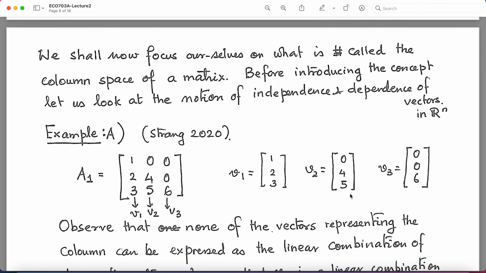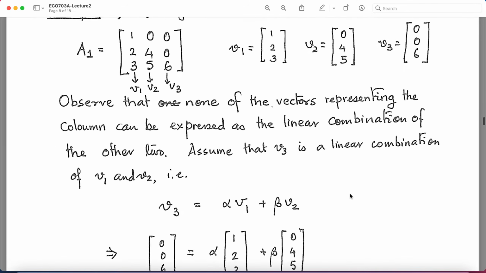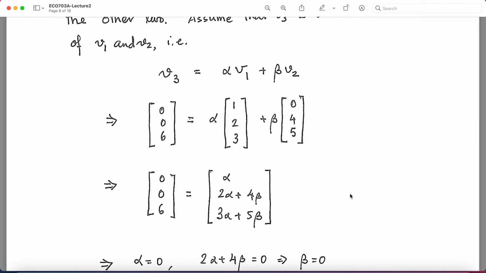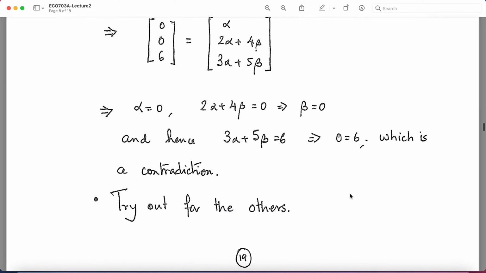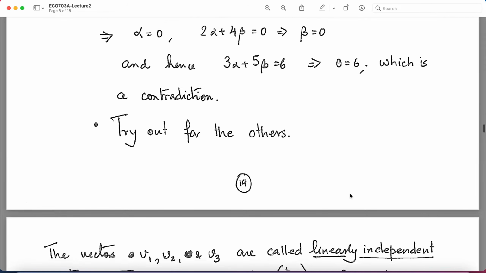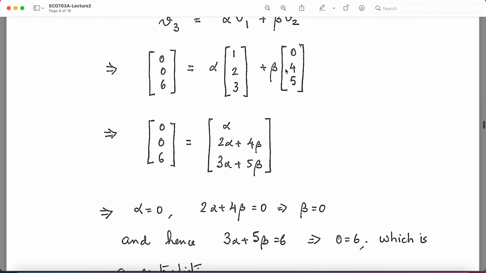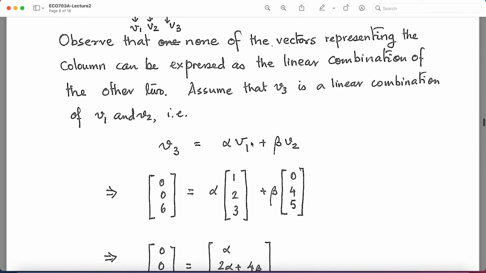Each of them in space is providing a different direction. You can check it for the others; others also do not have. Suppose you want to make V2 a linear combination of V3 and V1, you will again fail.